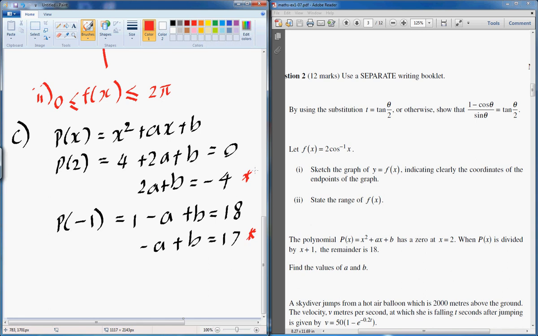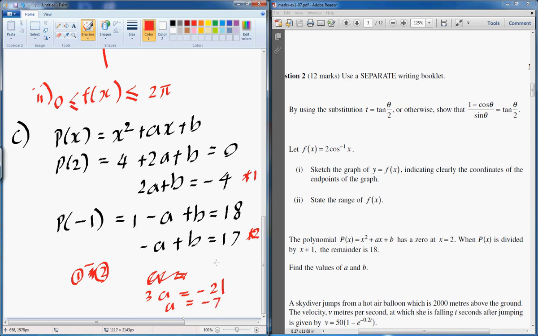Alright, so if I call this 1, second one 2, subtracting equation 2 from equation 1, I end up with 3a is equal to minus 4 minus 17, which is minus 21, and a is equal to minus 7.